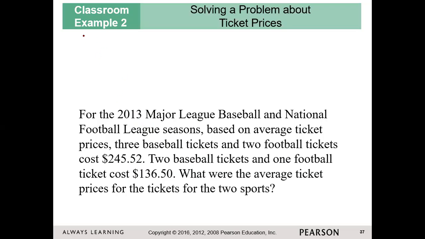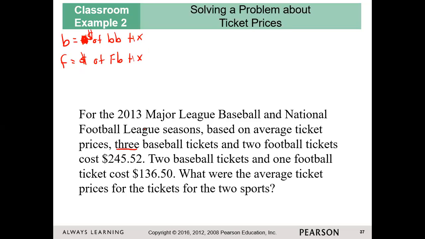So here we go. Again, we have 3 baseball tickets. So I'll use B for the price of baseball tickets, and F is going to be the price of football tickets, okay?